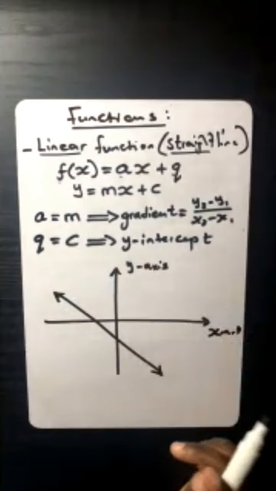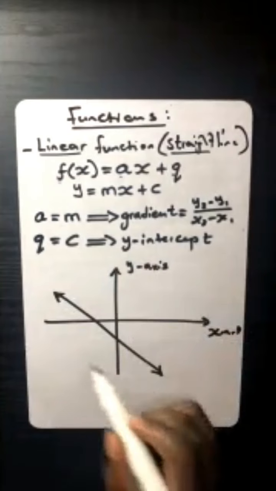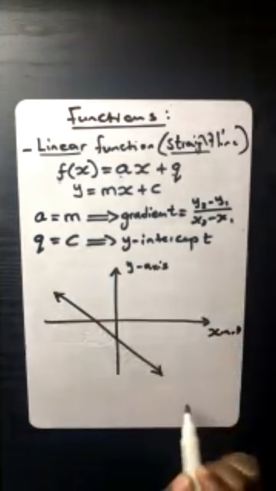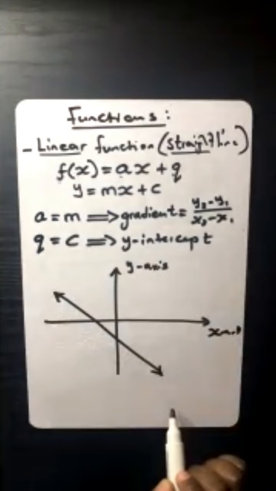So now I want to explain that type of a graph. Remember, based on my yesterday's lesson, I indicated that for this type of a graph, that's where you've got a negative gradient.